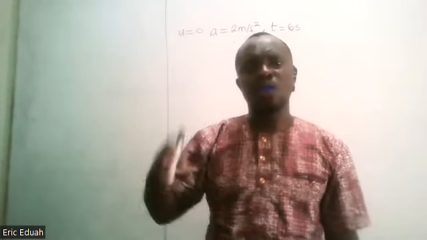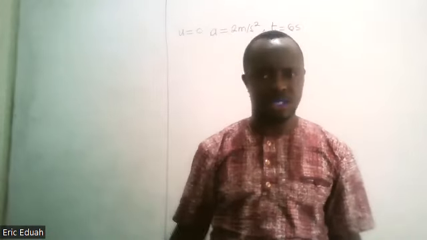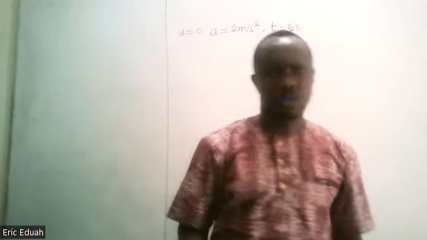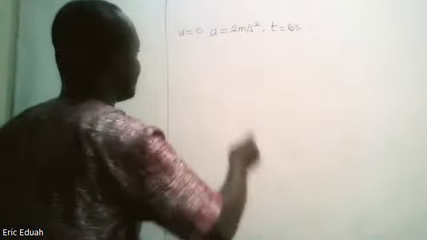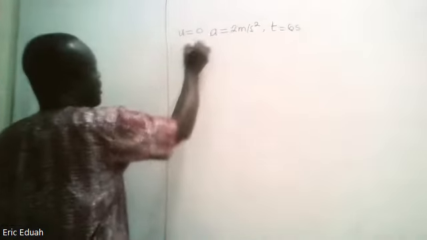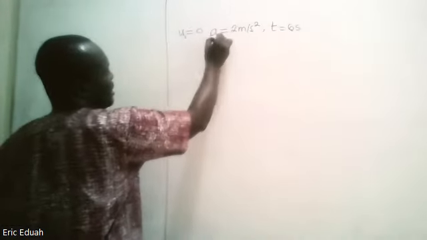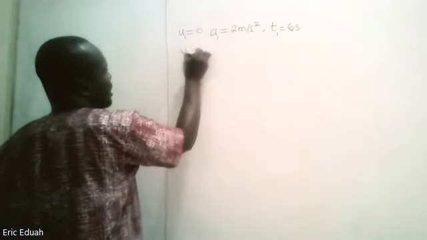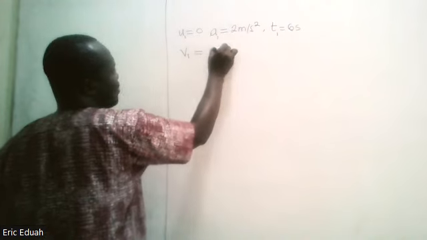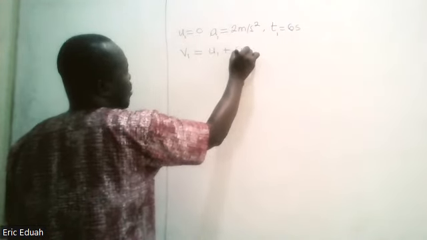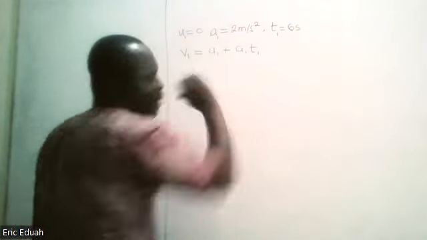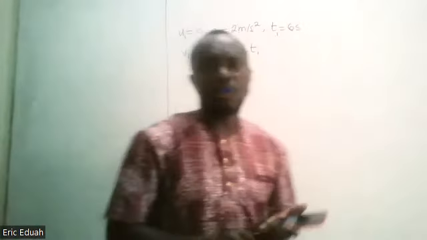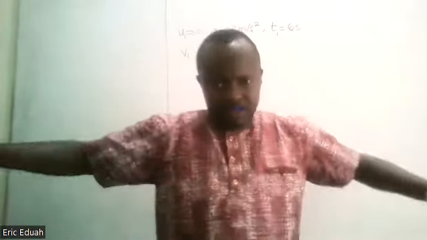Okay. Now, what is this final velocity? You need to determine the final velocity v. This is u1, a1, t1. Therefore, v1 will be equal to u1 plus a1 times t1. I'm using 1 because the motion is in 3 parts.